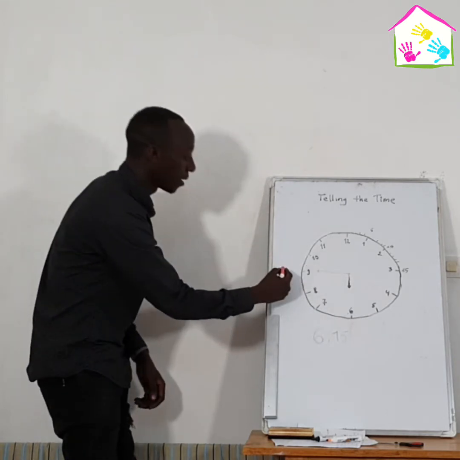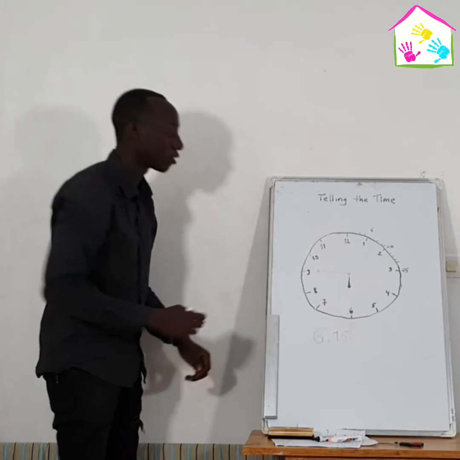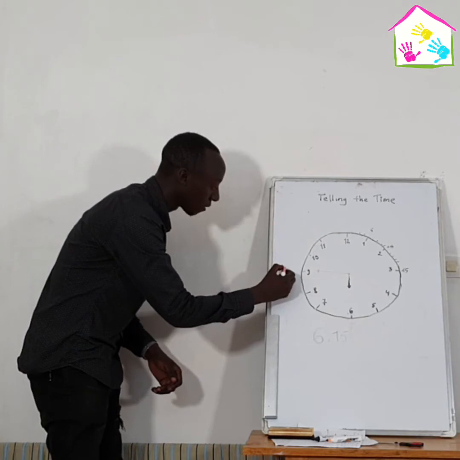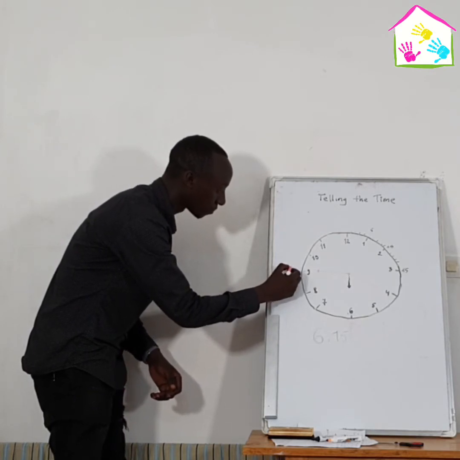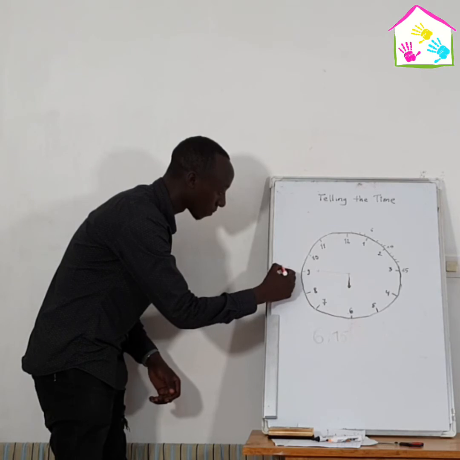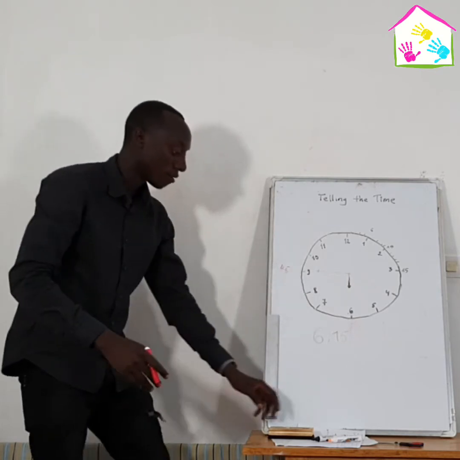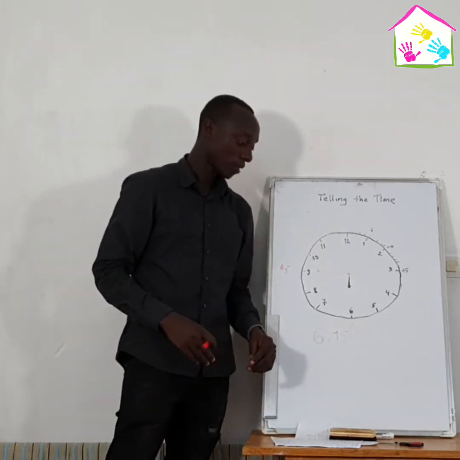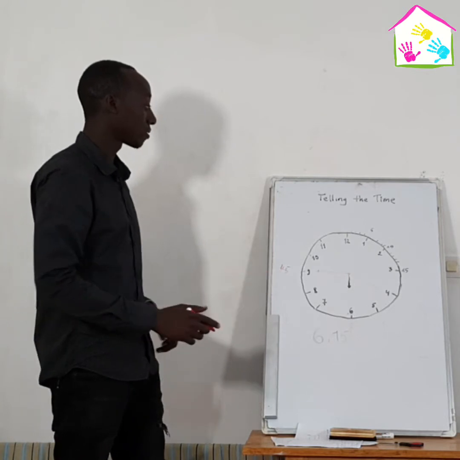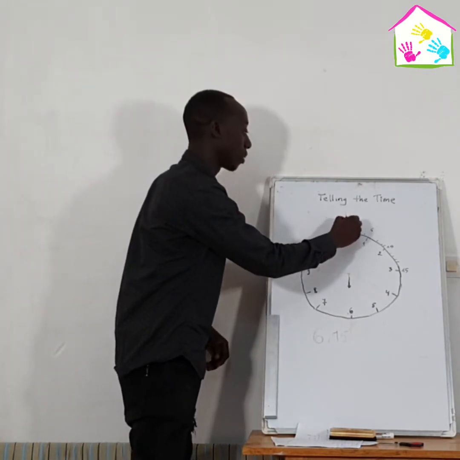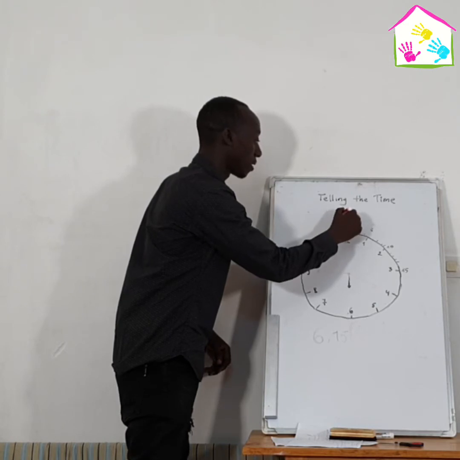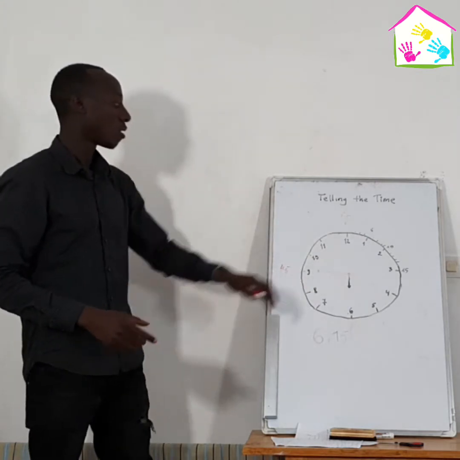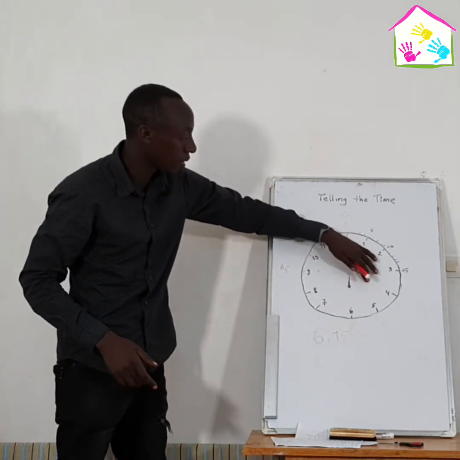What do we have here? 9, we have 45 minutes. 40, 45. 45 minutes, and here in 12 we have 60. It is 60 minutes. So then how can we tell the time here?